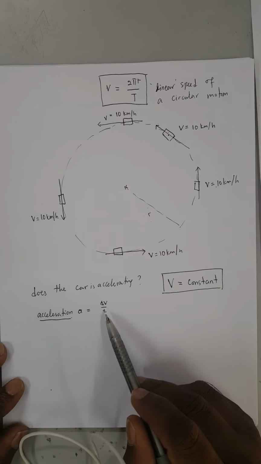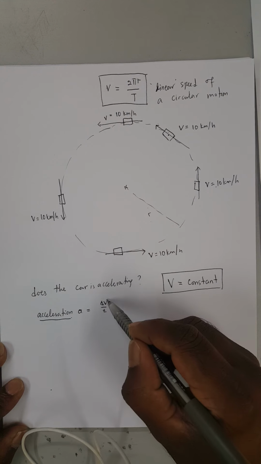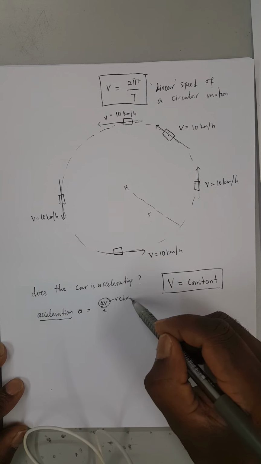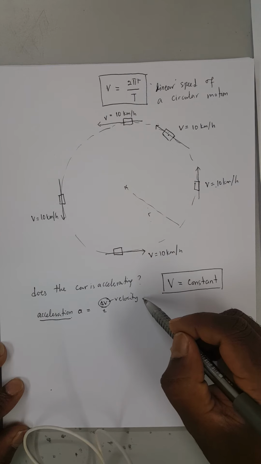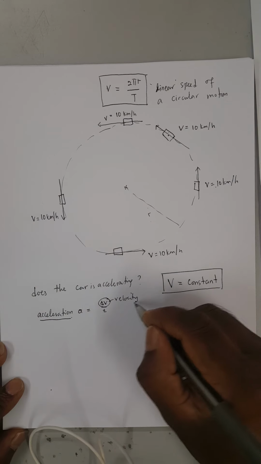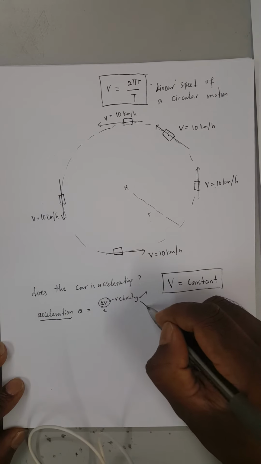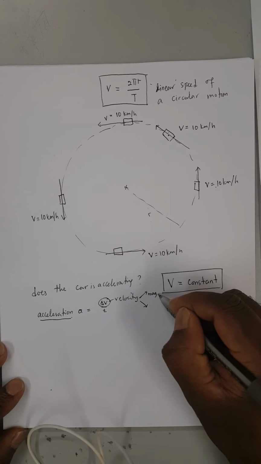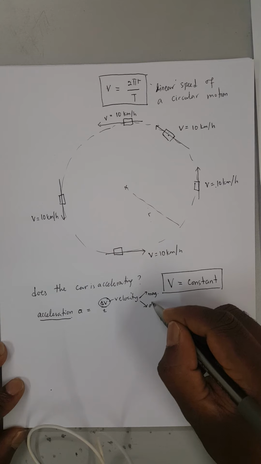Time is a scalar quantity, but the change in velocity is a vector quantity. Since it's a vector quantity, you must look at two things: one is magnitude, another one is direction.